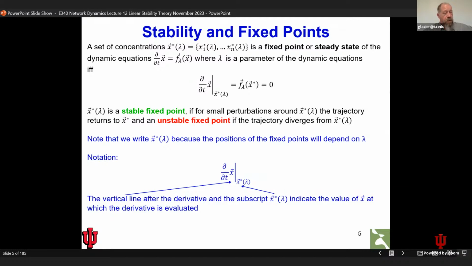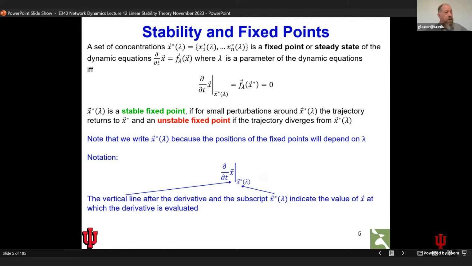So we've heard the concept, and we've seen many times now, the concept of a fixed point or steady state of some set of dynamical equations, which is the values you achieve when you run a simulation for a long time. And in principle, we need to know the concentrations of each species in our system to be able to determine whether we're at a fixed point or steady state.